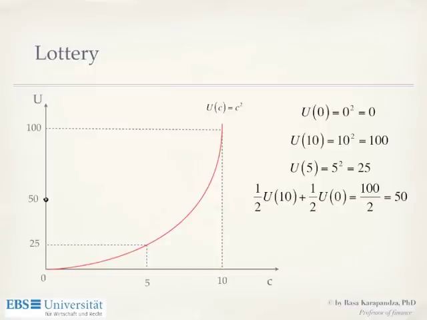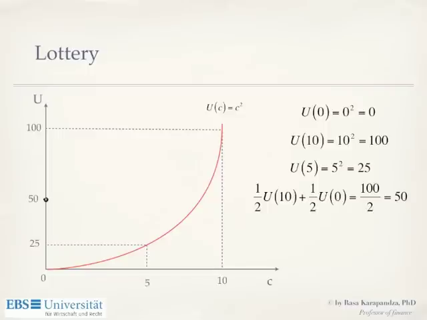But note also that this example assumes something that really does not make any sense. Let's say that you are really poor. You have 0 cookies. I give you 1 cookie. You will be 1 unit of happiness more happy, because the utility of 0 is 0, and the utility of 1 is 1, using c squared. But now imagine you have 10 cookies.